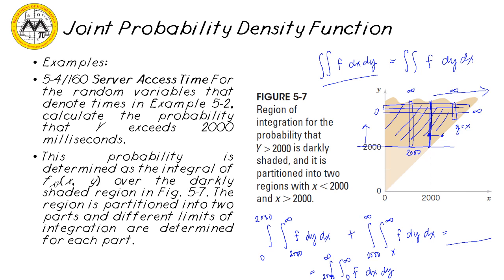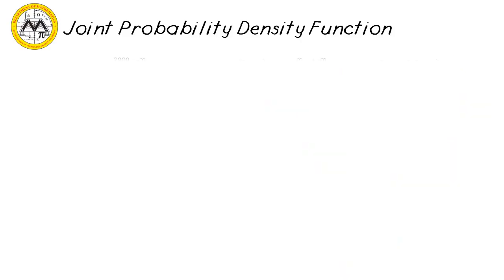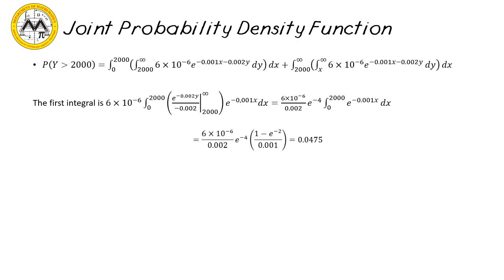In the case of two integrals, it would be from x to infinity and then 2000 to infinity. Take note that we have these two shapes. So this is 2000 and then this is infinity.